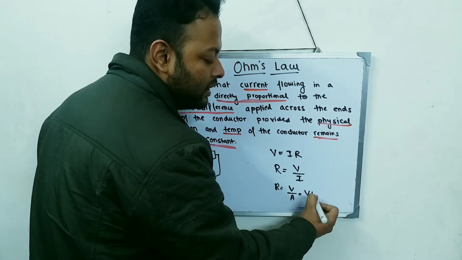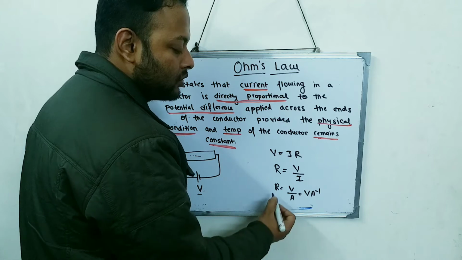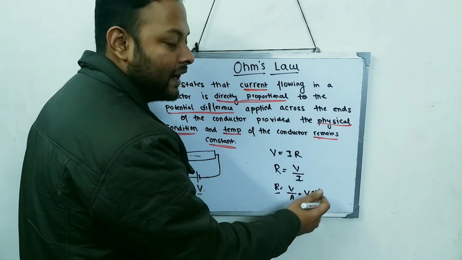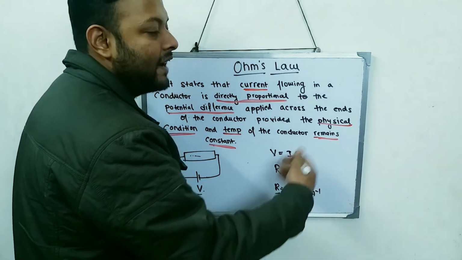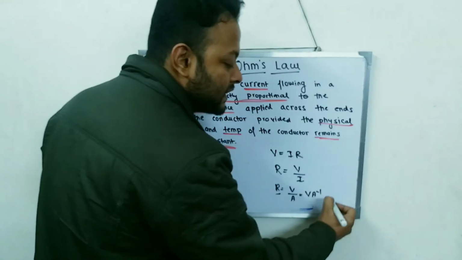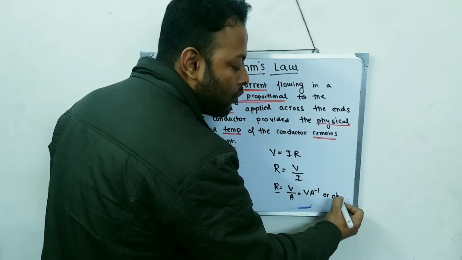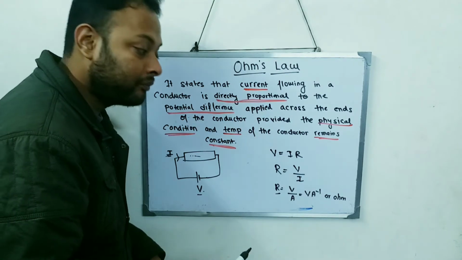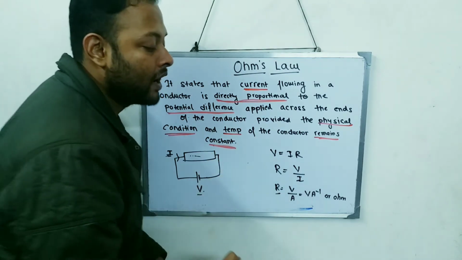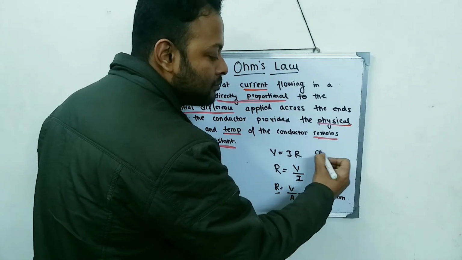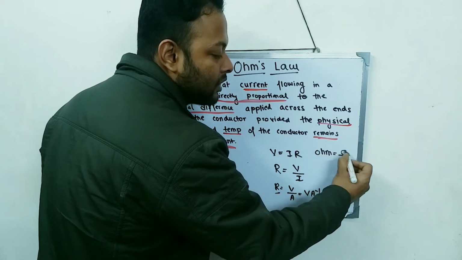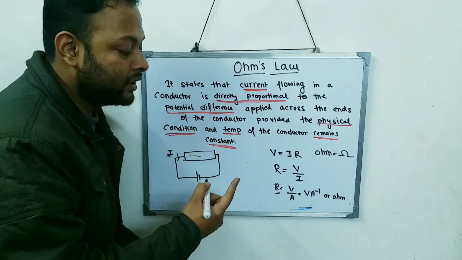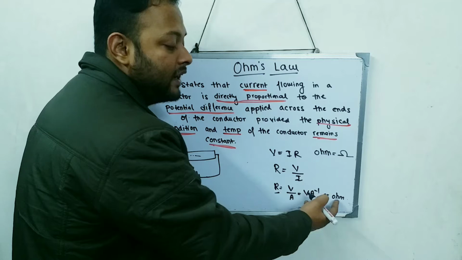So the unit of resistance becomes volt ampere to the power of minus 1. This VA to the power of minus 1 is together called ohm, and the symbol of ohm is like this. So the SI unit of resistance is ohm.